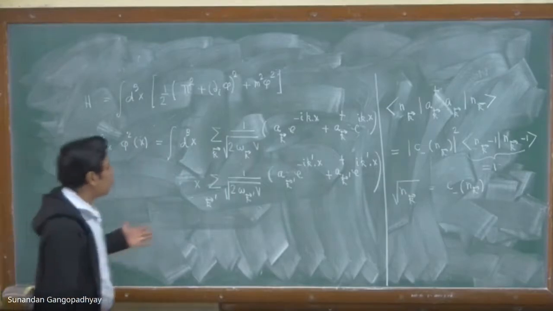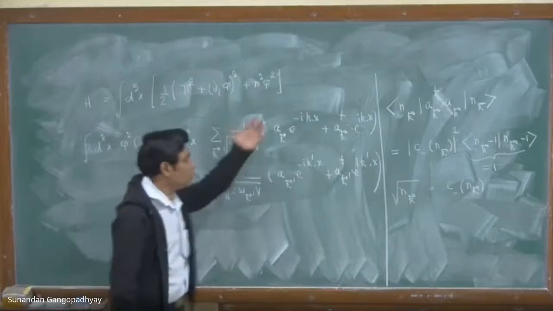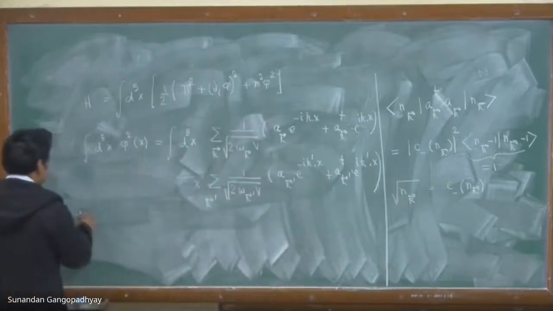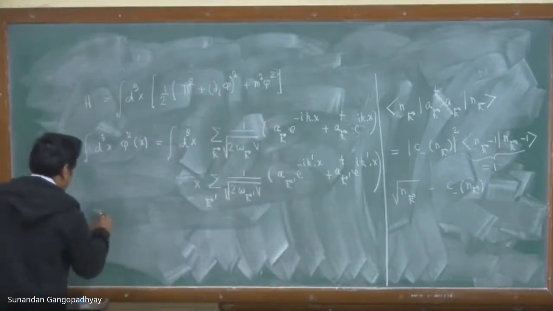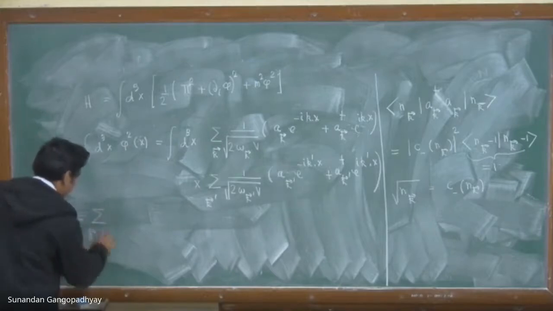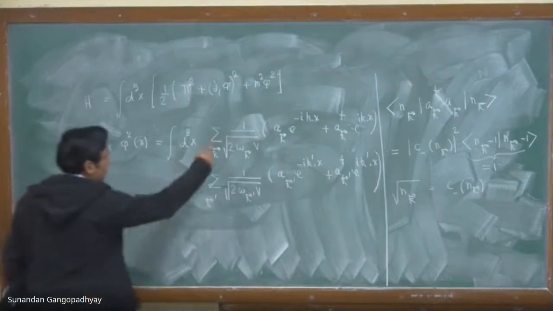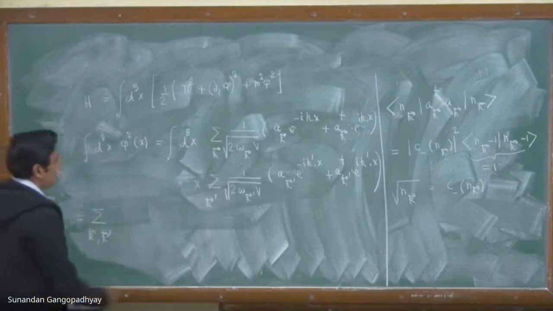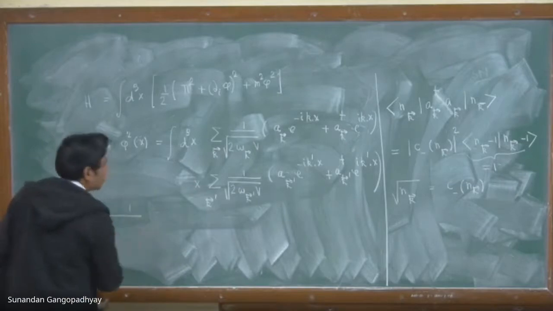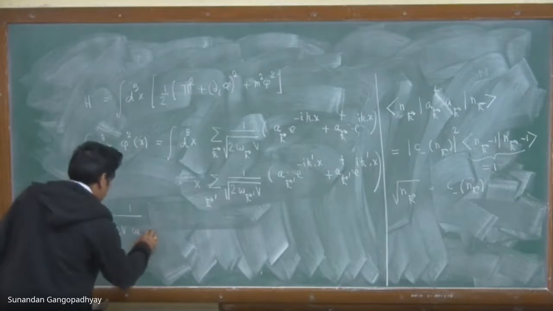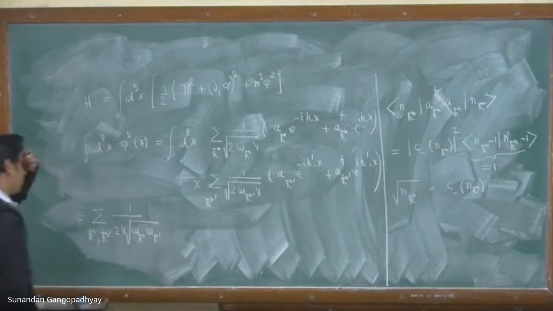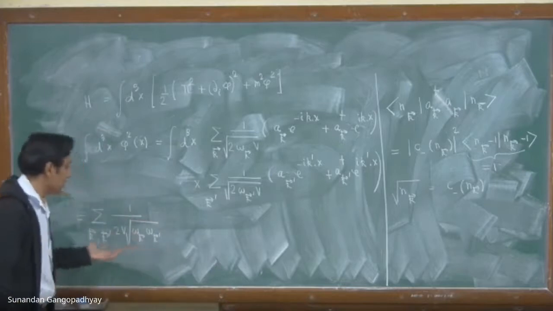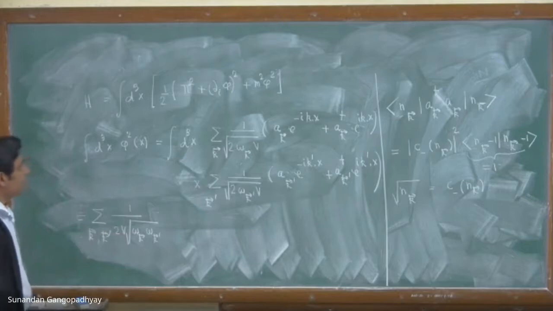Now our job is simple. There is nothing much here to do. You just need to multiply these two expressions, and you will get a summation over k and k prime. In this step I am taking out the summations, just interchanging the order of summation and integration. The square root factor can also be taken outside the integral because it is independent of x.